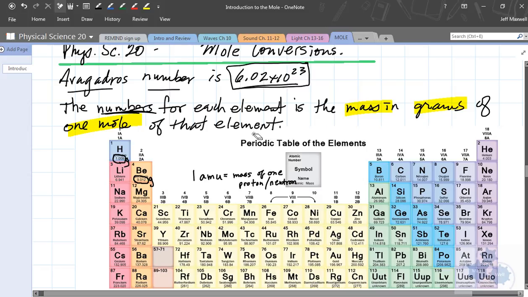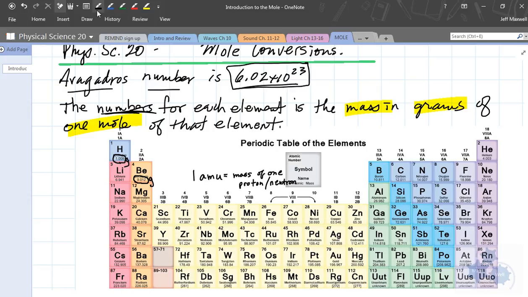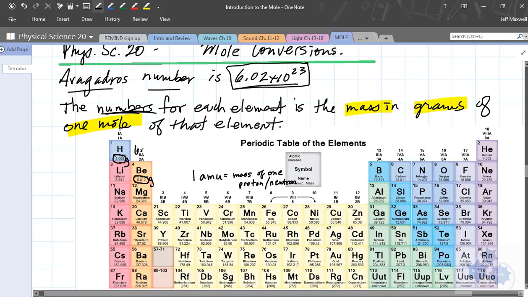So what I'm saying is that if you had exactly 6.02 times 10 to the 23 hydrogen atoms, that would be 1.008 grams. And if you had 6.02 times 10 to the 23rd beryllium atoms, you would have 9.012 grams. That's why this number is special.